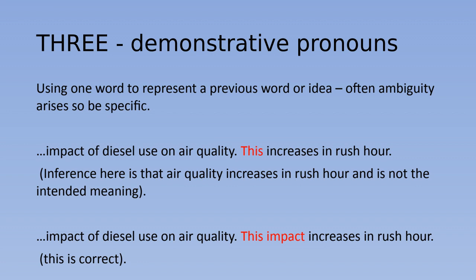So, using one word to represent a previous word or idea: often ambiguity arises, so be specific. Often we have a sentence and you use a pronoun in the following sentence to refer back to the idea in the first sentence. You have to be very specific, because otherwise it's not always clear what it's referring back to.